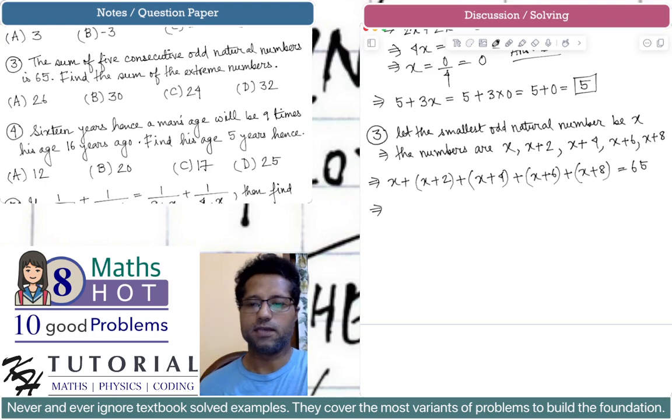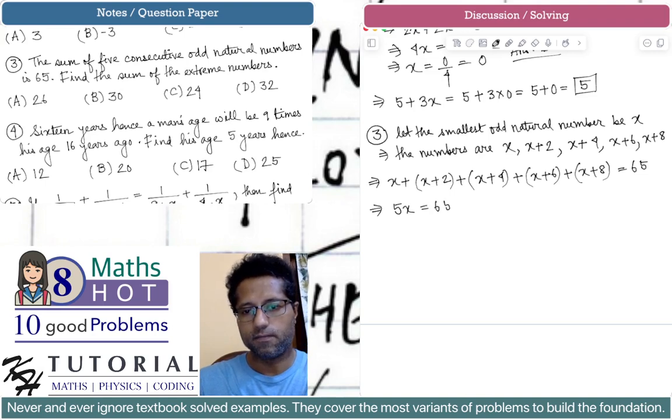Now, if you simplify, keep all the x terms on the left hand side and bring all the constant terms to the right hand side, we get, there are how many x? 1, 2, 3, 4, 5. So 5x is equal to 65 minus 2 minus 4 minus 6 minus 8.